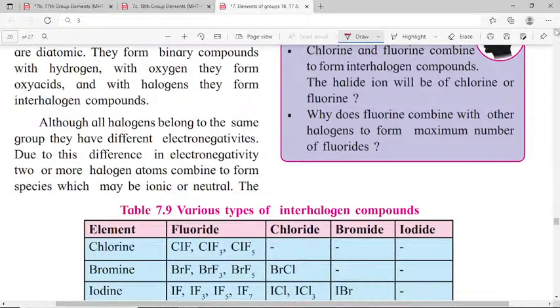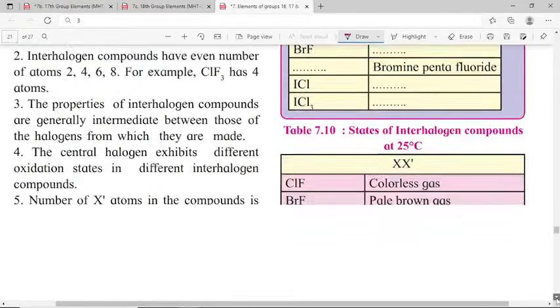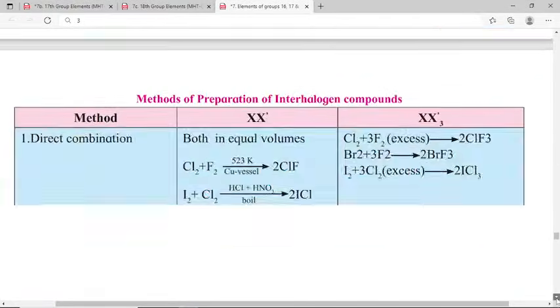So please write now. Type of hybridization, very important.